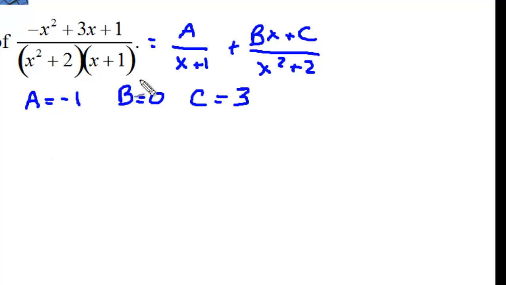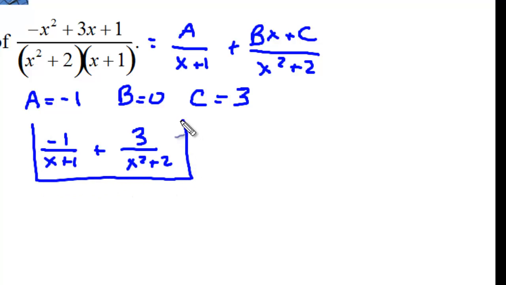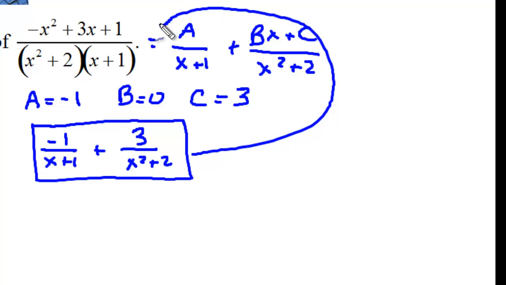So our final answer, the partial fraction, is negative 1 over x plus 1 plus 0 times x plus 3 over x squared plus 2. And that is the partial fraction decomposition of that.